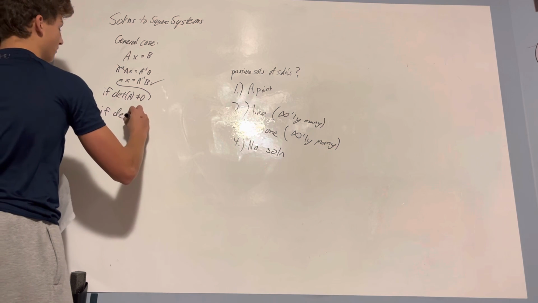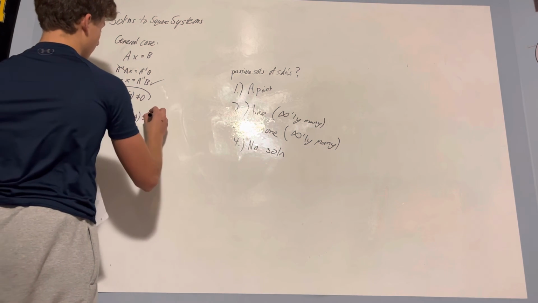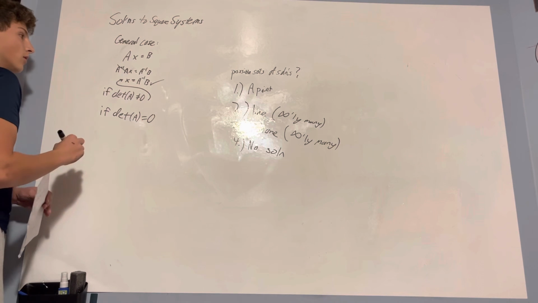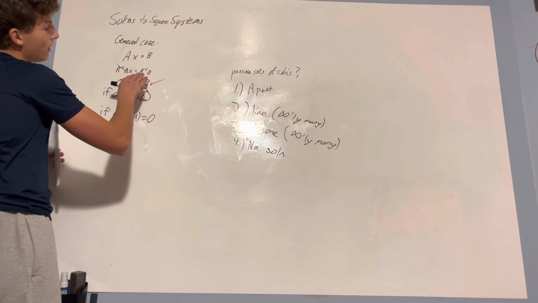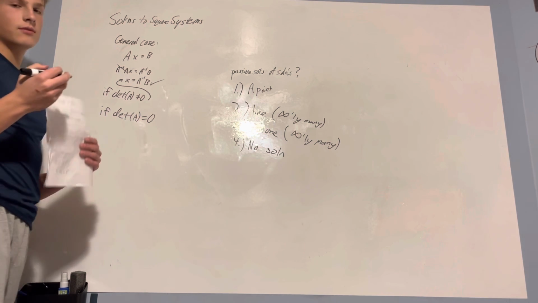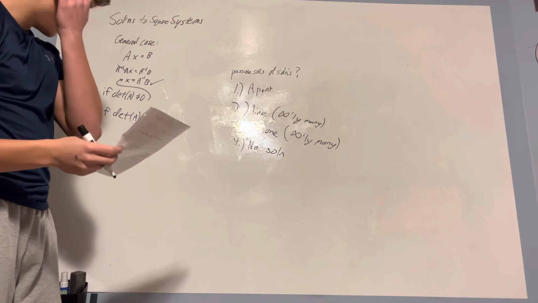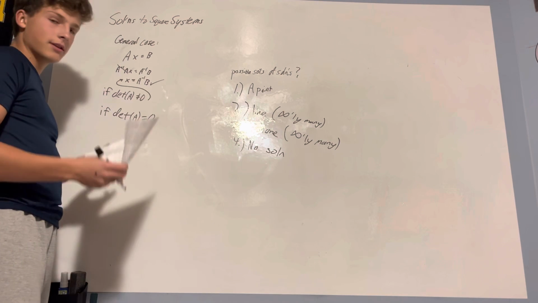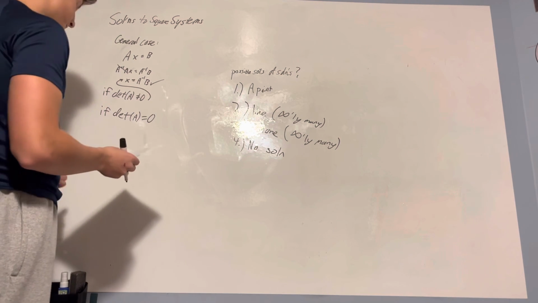But if the determinant of A is 0, we can't do this, because we cannot take the inverse of A if the determinant of A is 0. Remember, when we're finding the inverse of A, we have to, at the end, divide by the determinant, and we can't divide by 0.